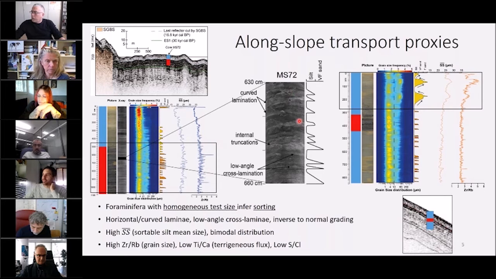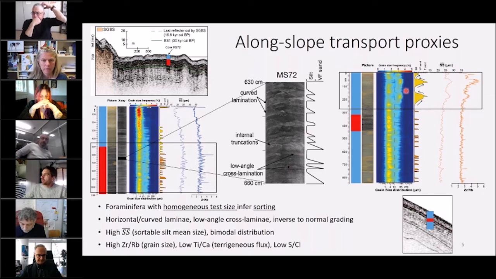We can see, for example, two examples from the core recovered on the lower slope, as well as on the upper slope. In the grain size frequency distribution, we can see a nicely bimodal distribution, which helps us identify the areas where sediments have been reworked by bottom currents.